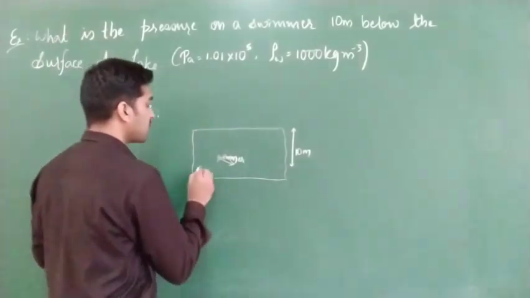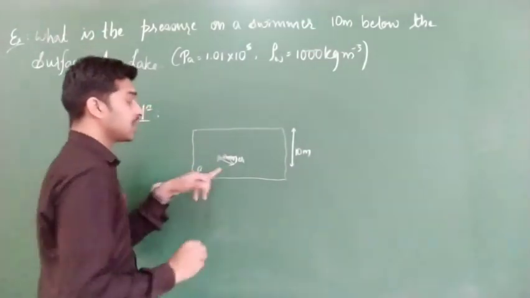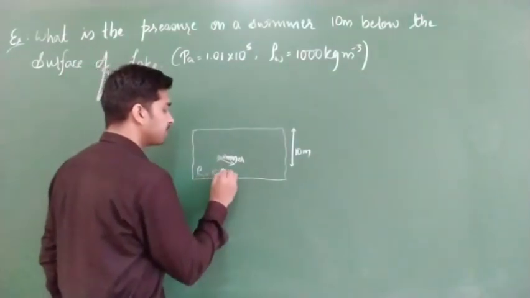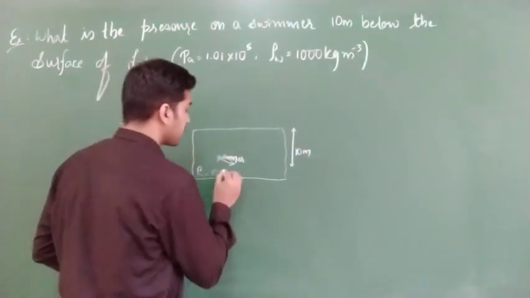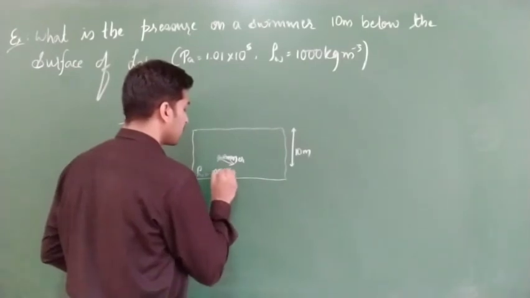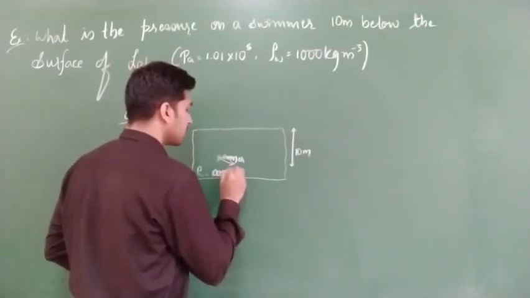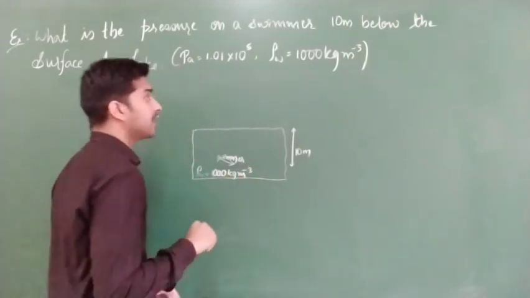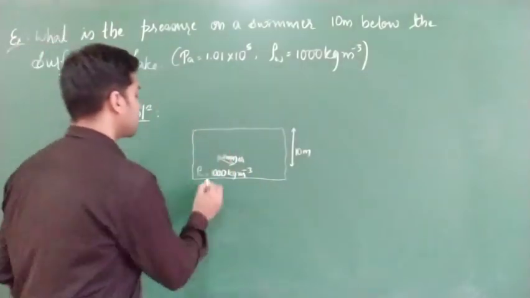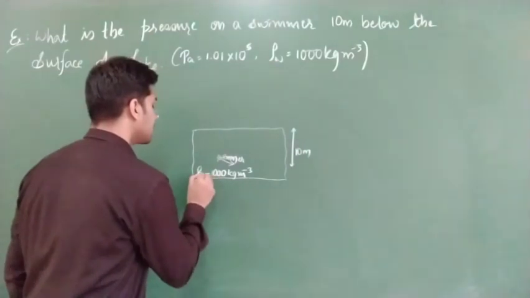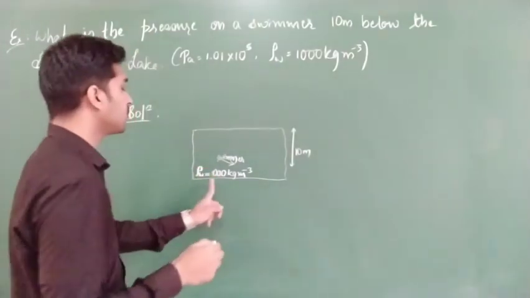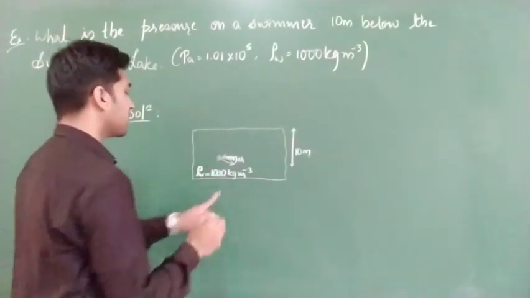Next, the density of water is given to you, because he will be swimming in water only. Density of water is 1000 kg per meter cube.